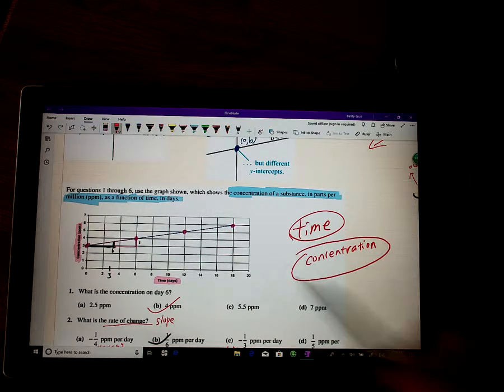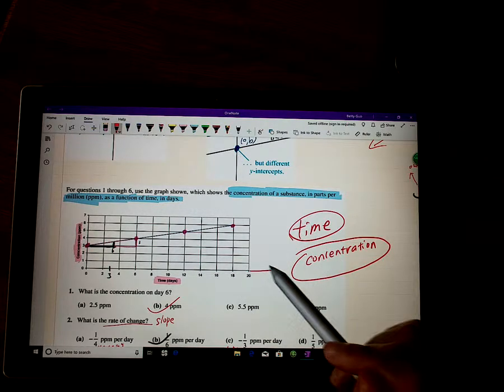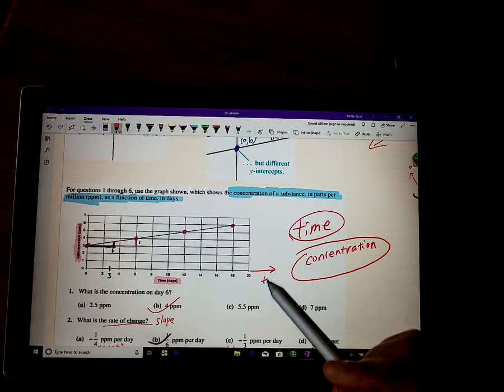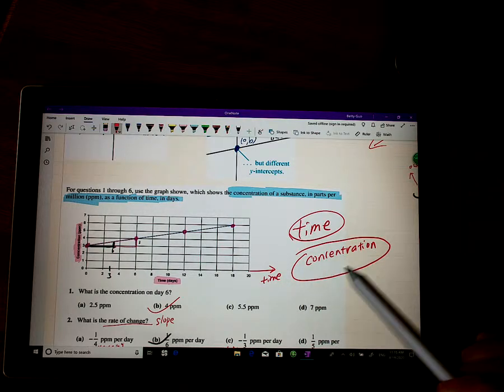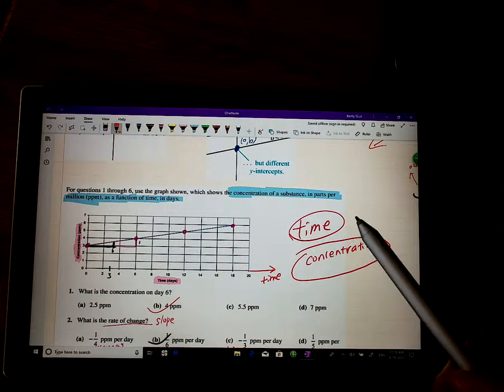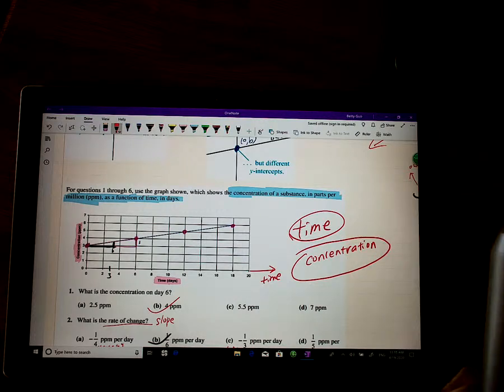So those two variables, because we talked about this before, time would be the independent variable. As time passes by, the concentration is changing, right? Concentration of a substance in ppm, from the graph, is increasing.